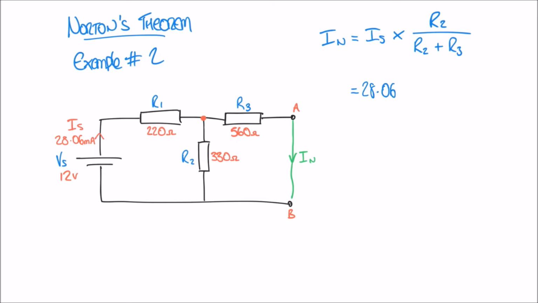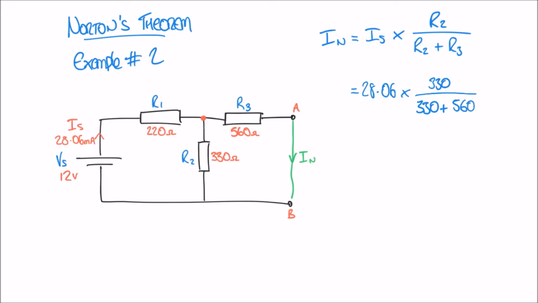So I'm not too bothered about that. Multiplied by this fraction, and we know that R2 goes on the top of our fraction, so that's 330 ohms on the top, and 330 plus 560 on the bottom of our fraction there.